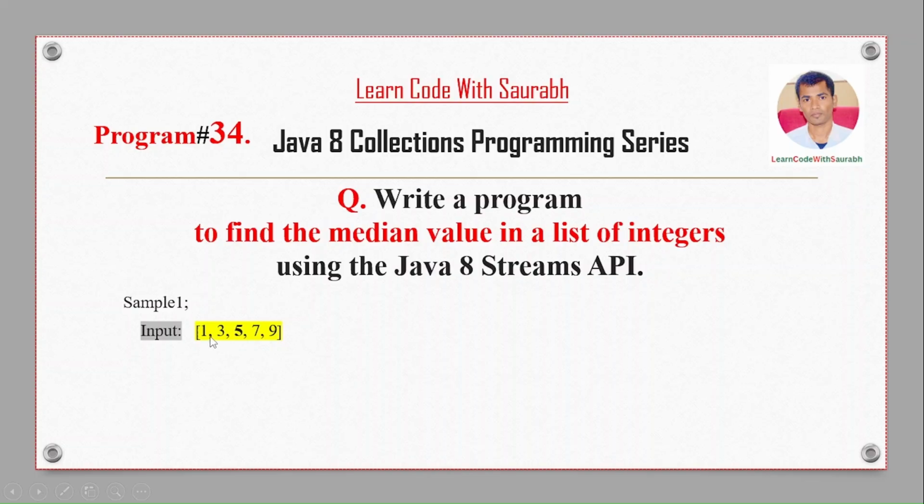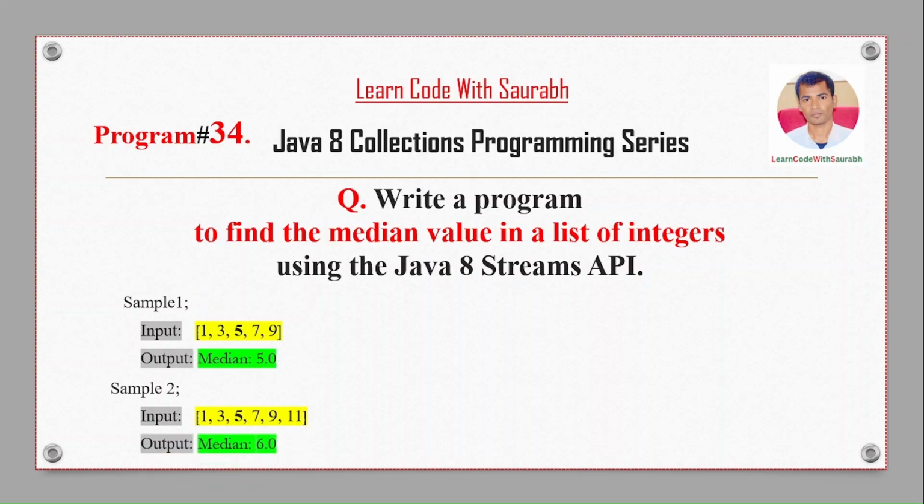In that input sample, 1 plus 3 is 4, plus 5 is 9, plus 7 is 16, plus 9 is 25. 25 divided by the total number, which is 5, gives the output. And for the second sample input, the total number is 6, and adding 1 plus 3, 4 plus 5, 9 plus 7, 16 plus 9, 25 plus 11, gives 36. 36 divided by 6 gives us the output of 6.